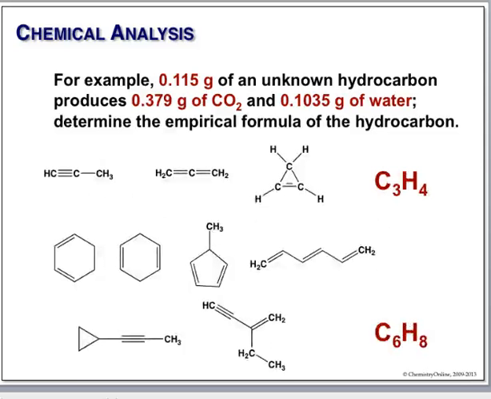And if you decide to make it to organic chemistry, you'll see that one of the great joys in life is trying to figure out which of these guys it really is. That's good. Any questions?